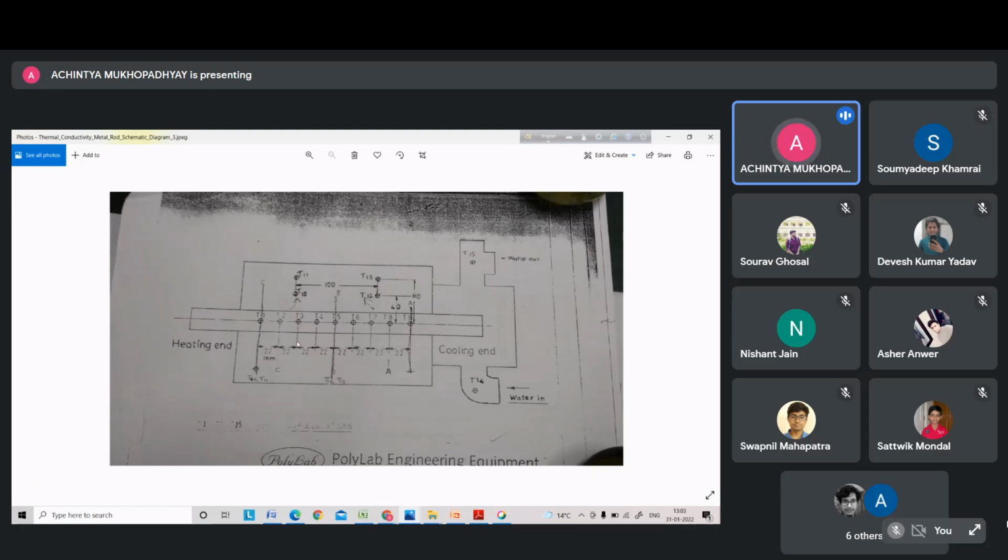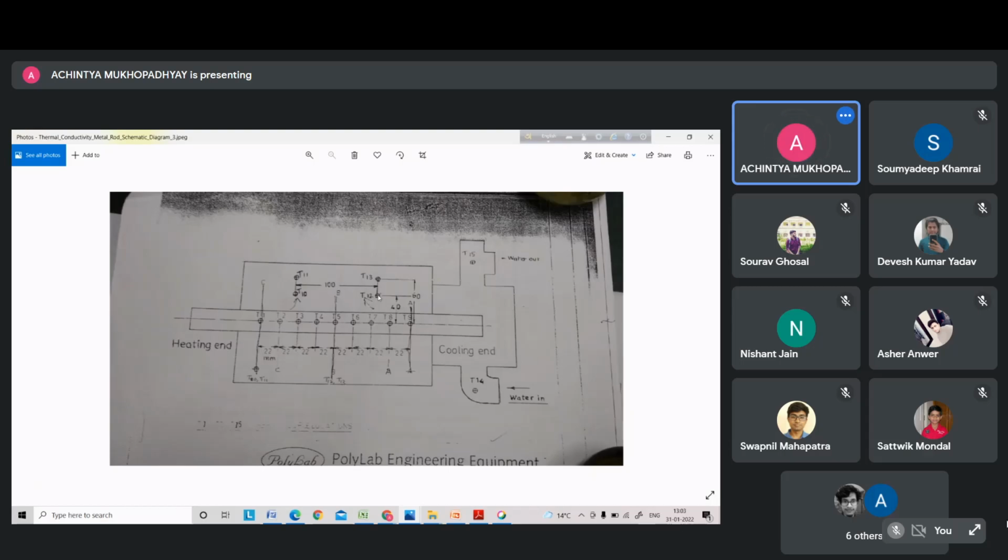The axial distance between the 2 sets of radial thermocouples, that is T10, T11 and T12, T13, is 100 millimeters. Where exactly is not mentioned, but it is somewhere in between BB and CC. The distance is about 100 millimeters.